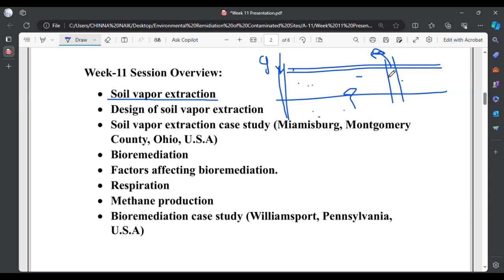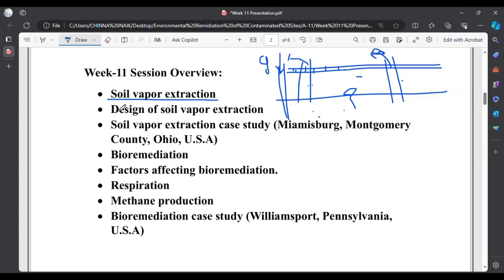We don't want to expose these released contaminants to the environment, so we construct an impermeable layer here, and one vacuum source well. Here we introduce the vacuum so that we can effectively collect the contaminants from the site. This is the main procedure of the soil vapor extraction method.